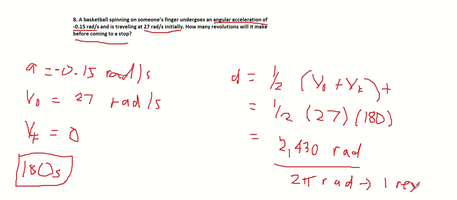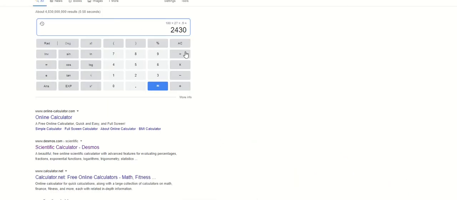So, kapag dinivide mo na yan, yung 2,430 radian to 2 pi rad, ayan, makukuha na natin kung ilang revolution yung magagawa niya. So, ngayon, i-calculator natin. 2,430 divided by 2 times dun sa pi. Ayan.